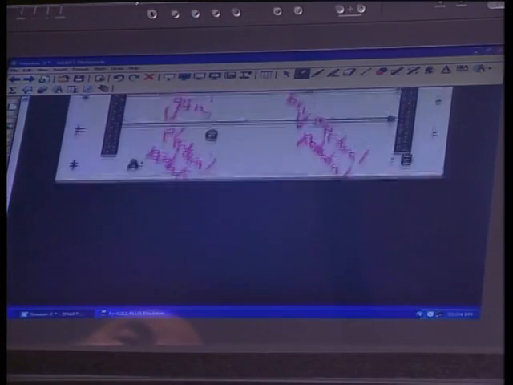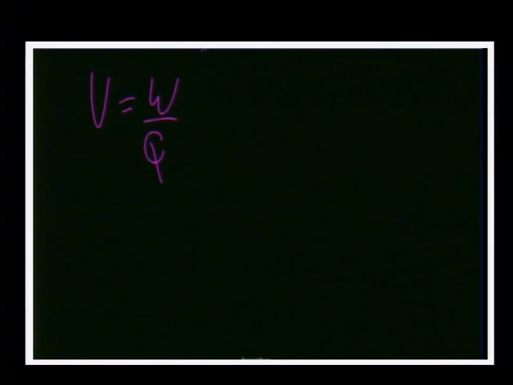We recognize that V is equal to W over Q. So if I'm wanting to rewrite W, then I'm going to say W is equal to V times Q. Now, W is also equal to F times delta X. So here we go, and we can say we've got that so far.